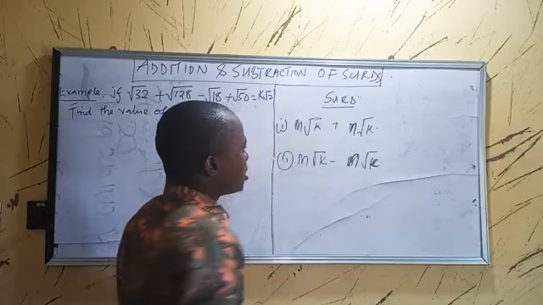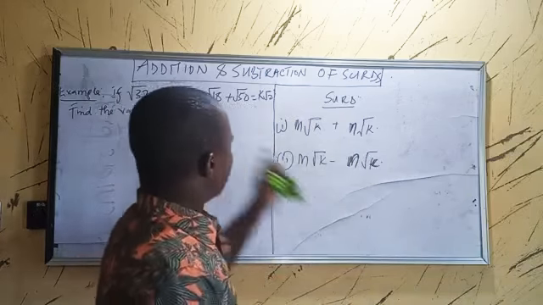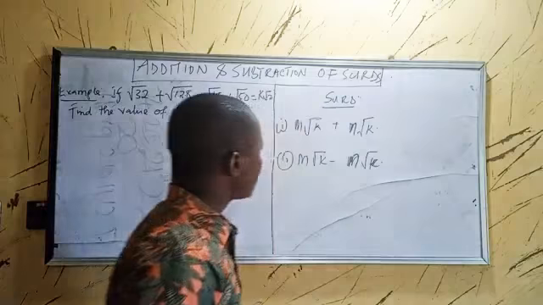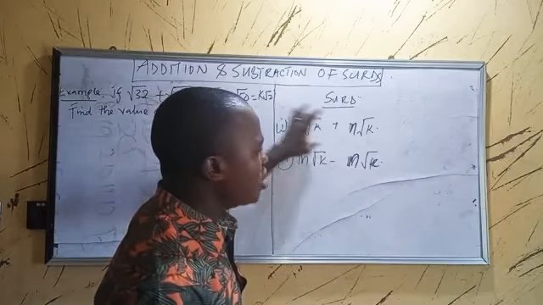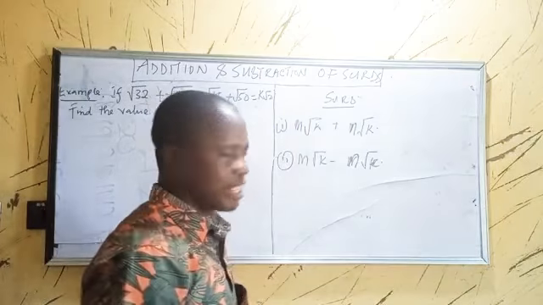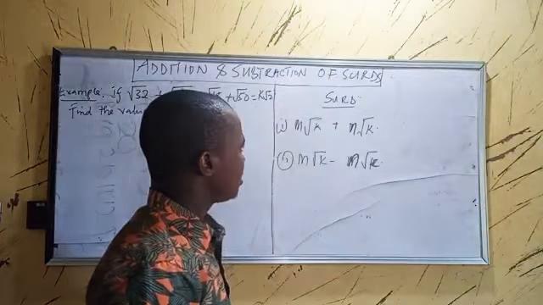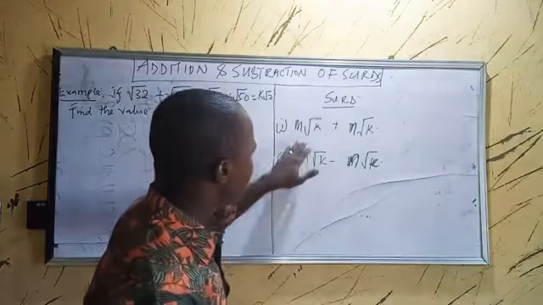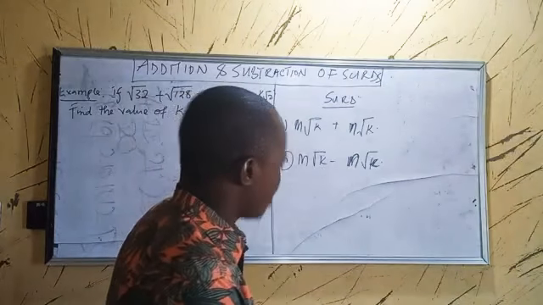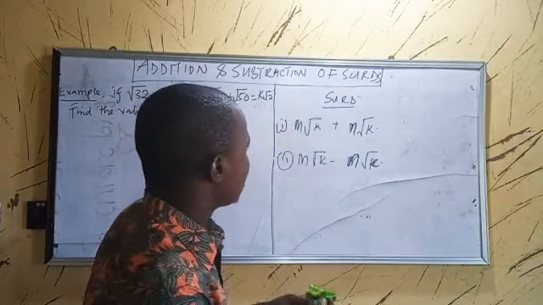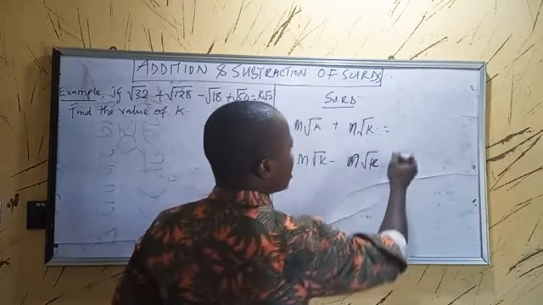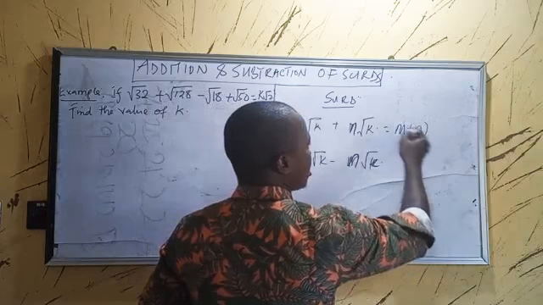So now look at this one. Now the law of addition and subtraction of surds says the surds can only be added, understand, if they are alike. So now what makes these to be alike? That is, this one is alike as they are, understand? So let's say this one now can be written as m plus n root k.